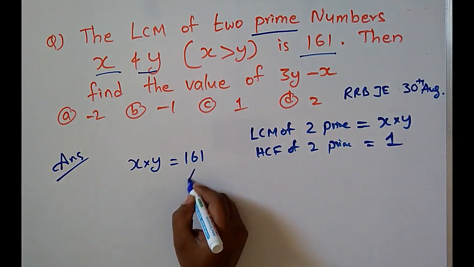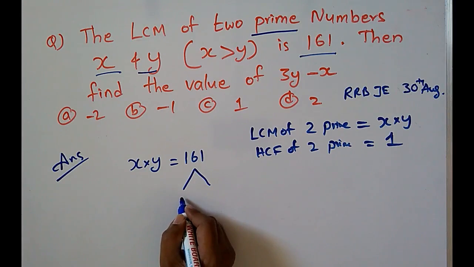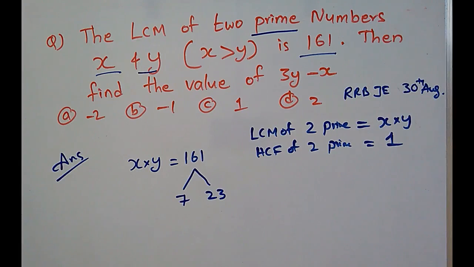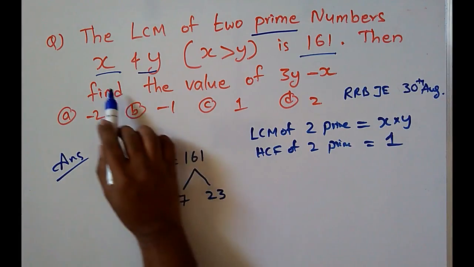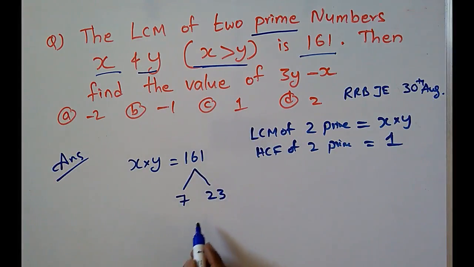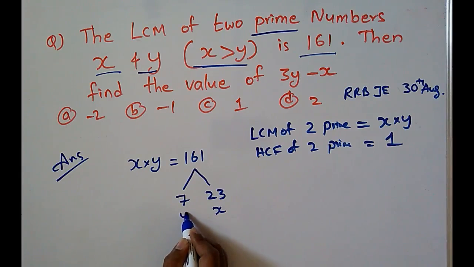See friends, 161, what are the factors of 161? If we take 7, 23s are 161. And here we have been given that x is greater than y. So 23 must be x and 7 must be y, because it is given in the question that x is greater than y.